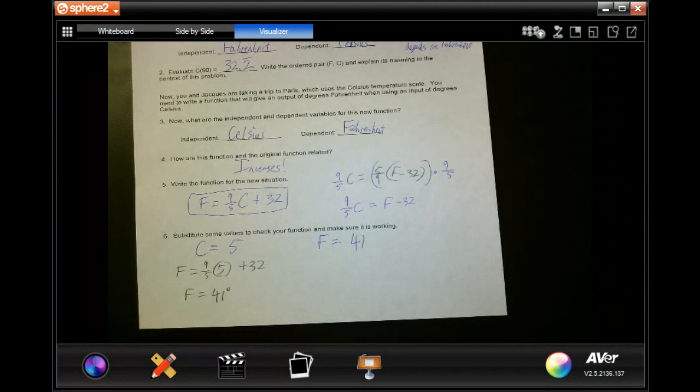What is that called, McKinley? No. Close. What happens when you plug into one equation and then plug into another sequentially like that? We've done them earlier. Close. Close.